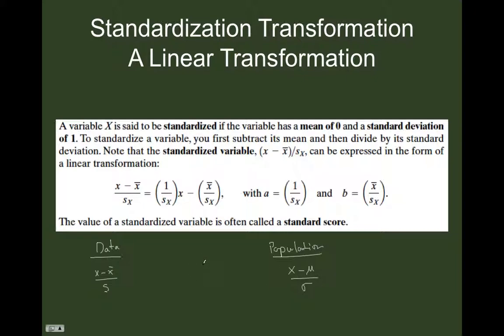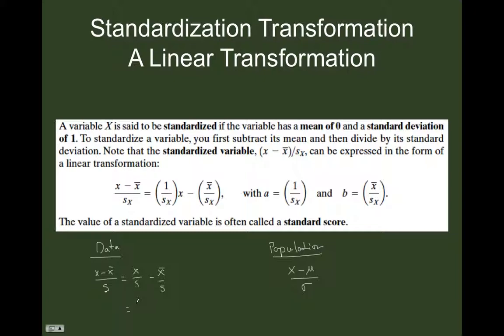Now, this is what we call a linear transformation because, and we can do some algebra to show this, and that's what this little white box, which came right out of the textbook, shows. I'm going to put in an extra step. S is in the denominator, so I can split that denominator into two parts.